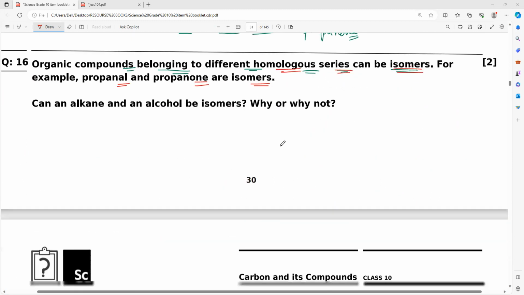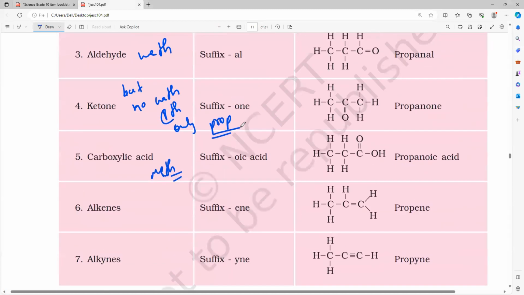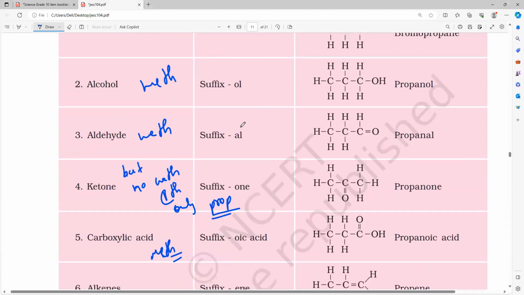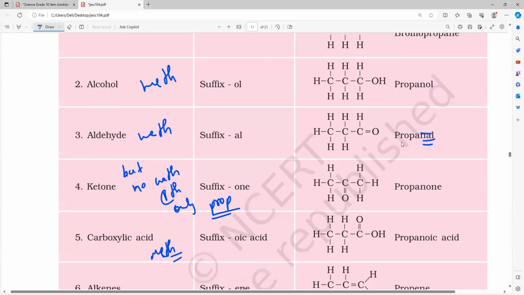Now they are saying propanol and propanone are isomers. Check it in your book, everybody. Propanol and propanone, the ketone, are both isomers. How? Let us see the formulas. CH3CH2CHO. This one, CH3COCH3.